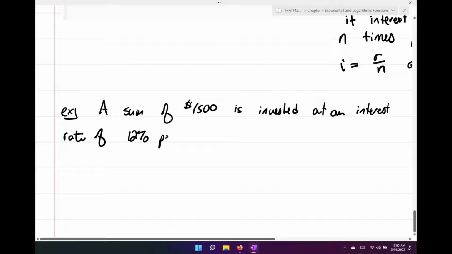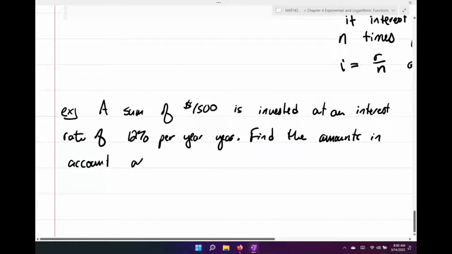That's pretty good. All right. We're going to find the amounts in the account after 3 years if the interest is compounded.